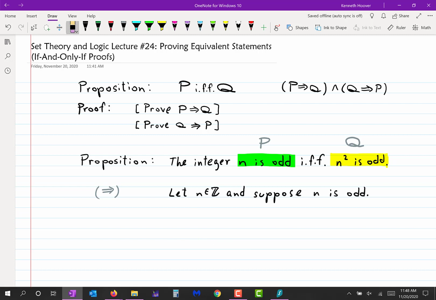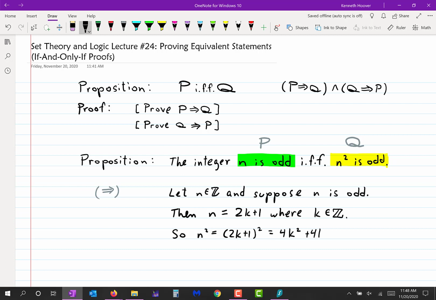All right, I don't have much to go off of other than the definition of odd. So if n is odd, then what does n look like? It equals 2 times an integer plus 1. Okay, so what would n squared look like? Well, it would be 2k plus 1 squared, which looks like this: 4k squared plus 4k plus 1.